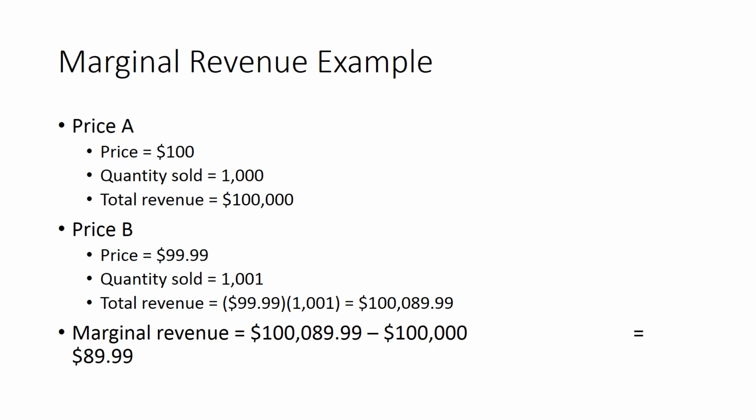According to economic theory, the way you sell one additional unit is to lower the price just enough to sell 1,001 units. In this example, the lower price is price B. It equals $99.99. And when we sell 1,001 units at the lower price, the new total revenue equals $100,089.99. Total revenue increased $89.99, and that's the marginal revenue.